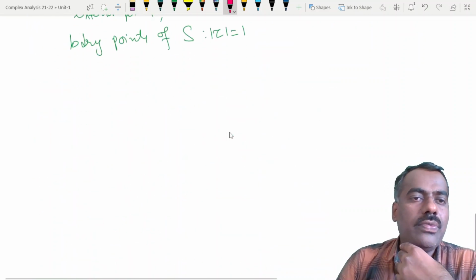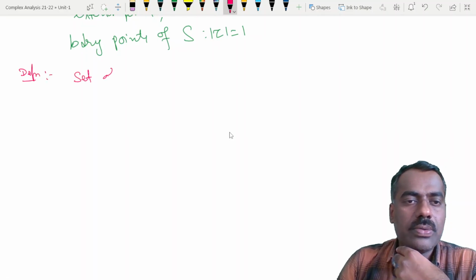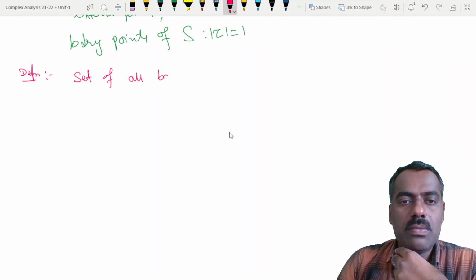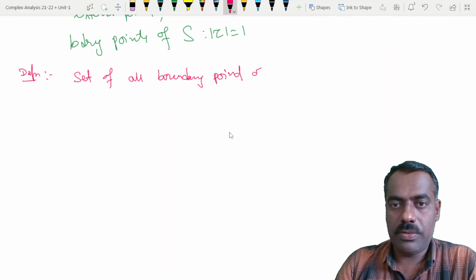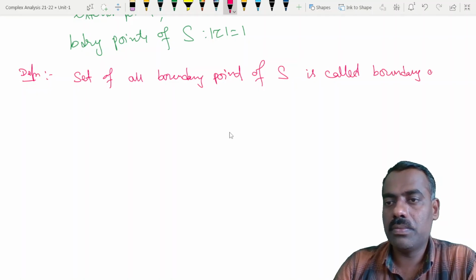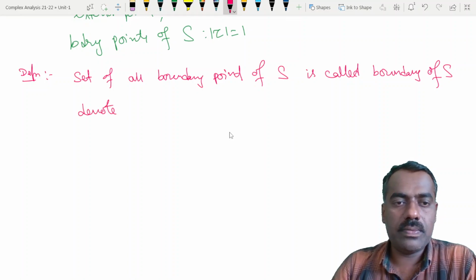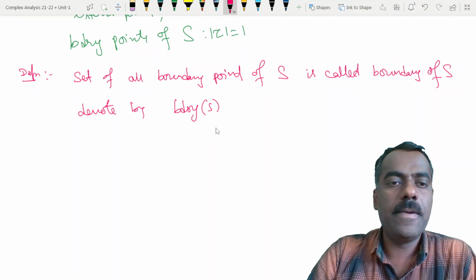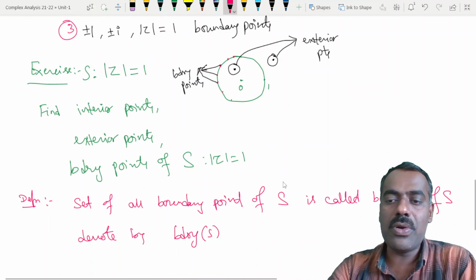So you can write this definition as: the set of all boundary points of S is called the boundary of S, and we denote it by bdry of S. If you take a circle, mod Z is equal to 1, then what is its boundary?